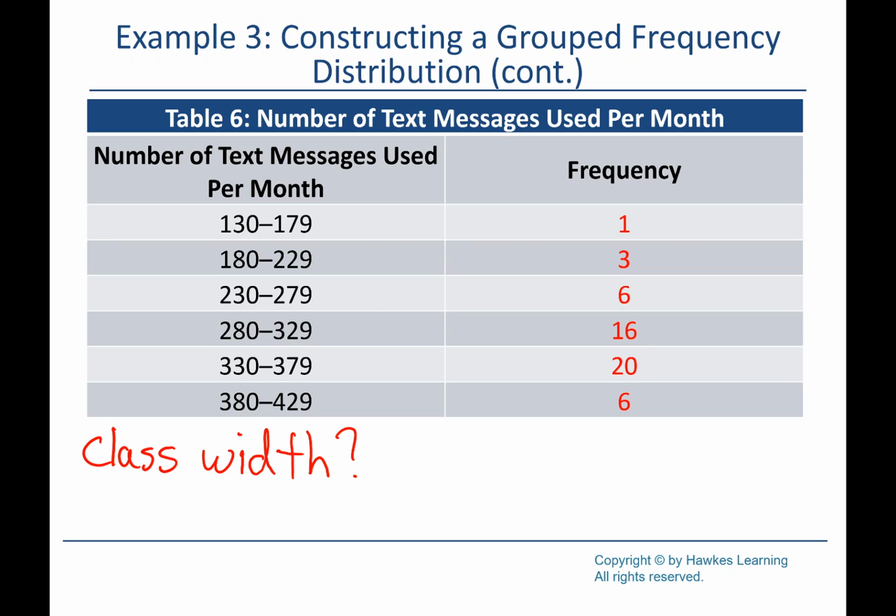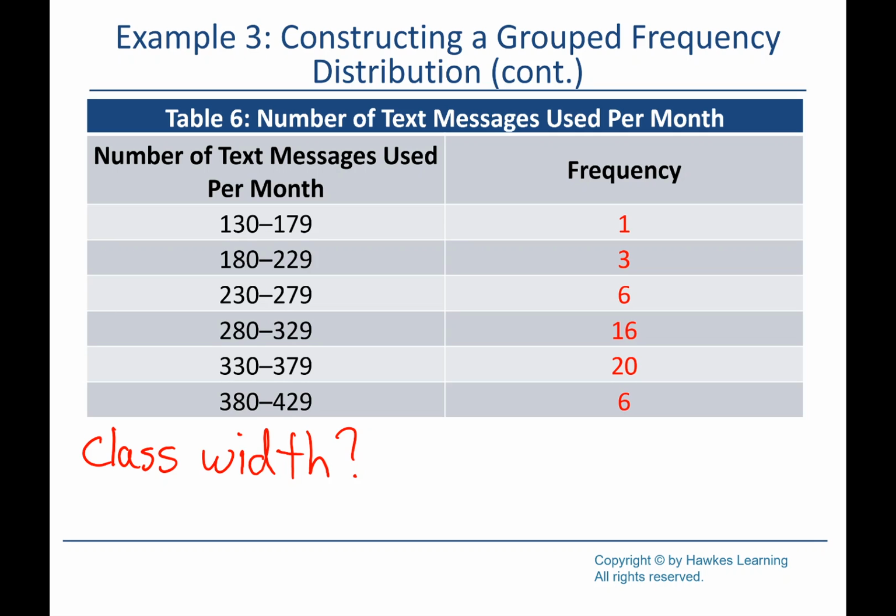So we said the class width was how wide each category is, each class. You do have to be just a little bit careful. You may be tempted to look here and say it's 49.